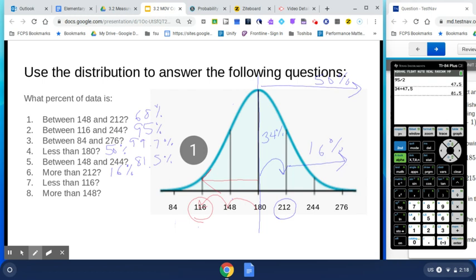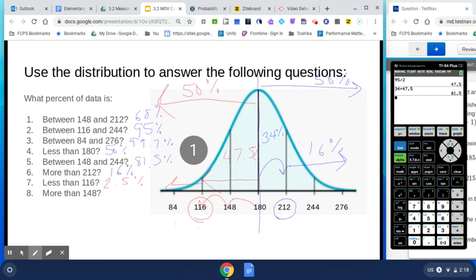And if we cut 95 in half, we found earlier that that was 47.5%. Again, all on the left side is 50%. So thinking about what remains, 50% minus the 47.5%, that's going to leave me 2.5% of the data is going to fall in that left tail.